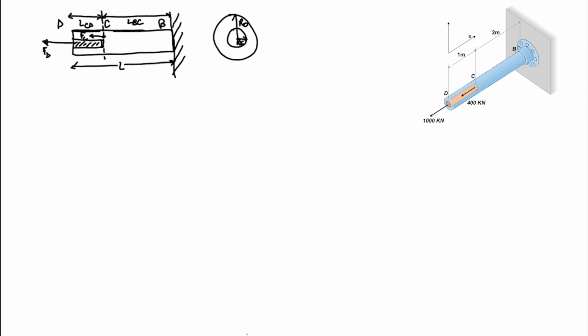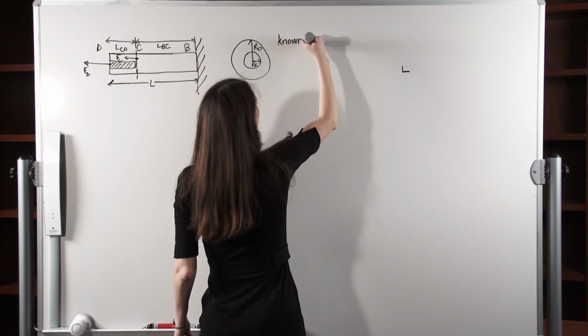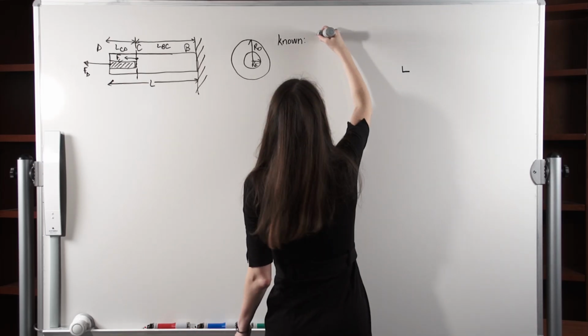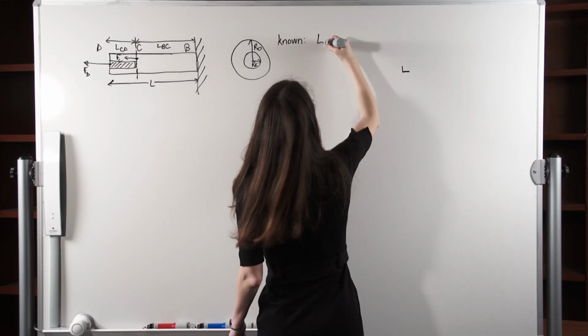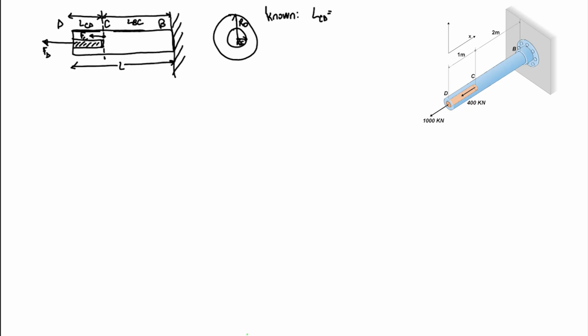Okay, so let's write down everything that we know about this problem. So first we know some geometric parameters. So we have that LCD is equal to 1 meter, and LBC is equal to 2 meters. And we also know that R outer is equal to 3 centimeters, and R inner is equal to 1 centimeter.